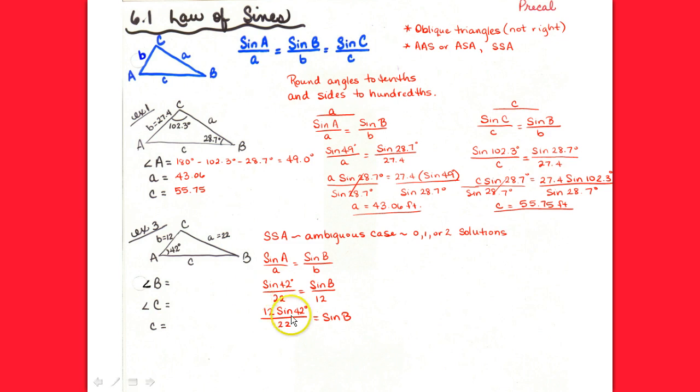All right, so I'm going to throw this into my calculator in degree mode, and I get sine B is equal to 0.36. That does not mean that angle B is 4/10 of 1 degree. That means the sine of angle B is equal to that, not angle B. So these are like our Jeopardy questions again, right?